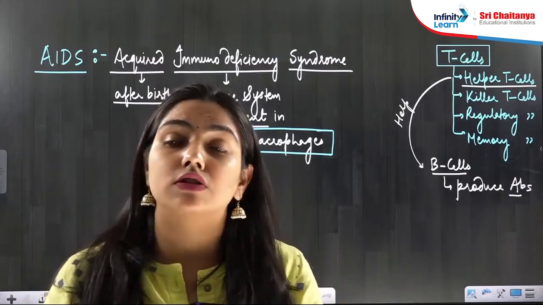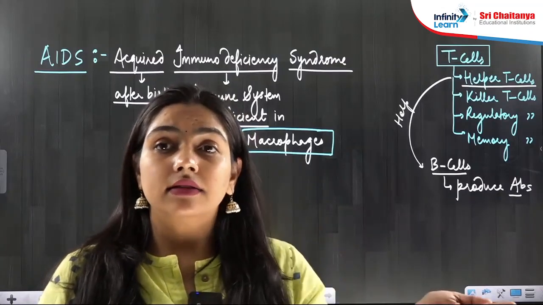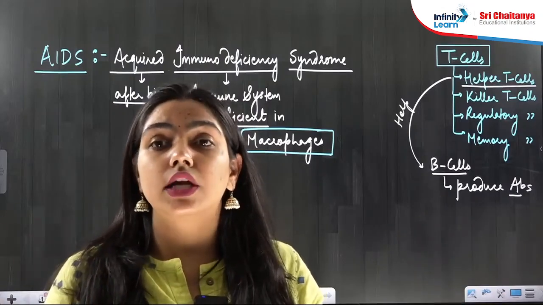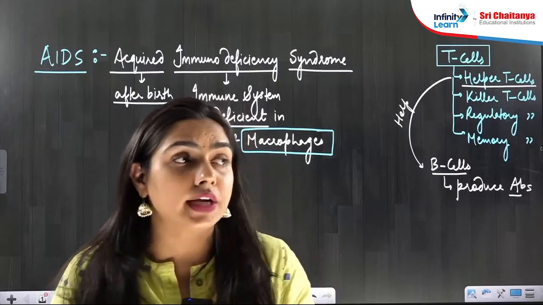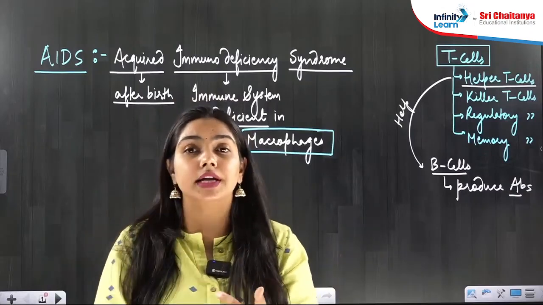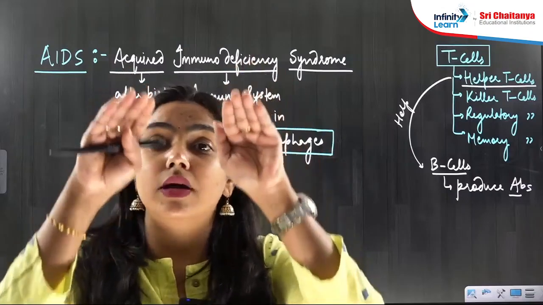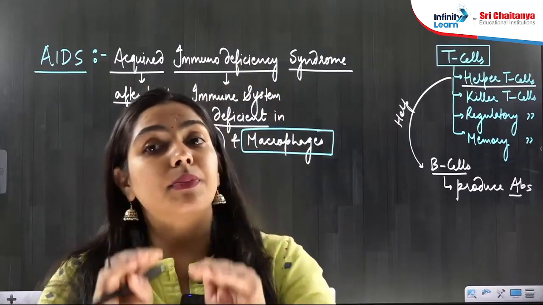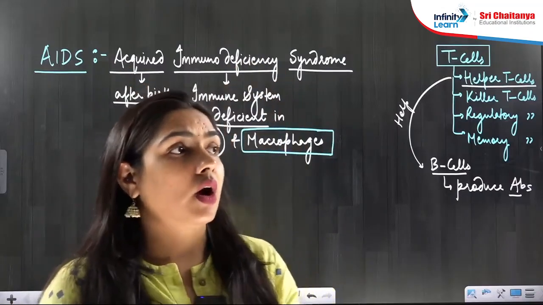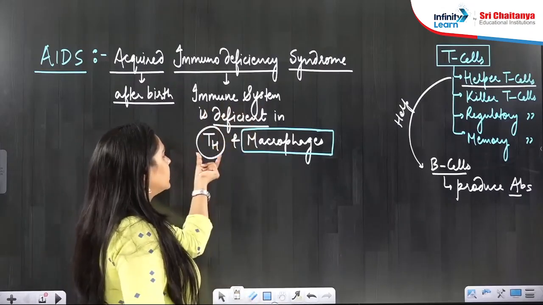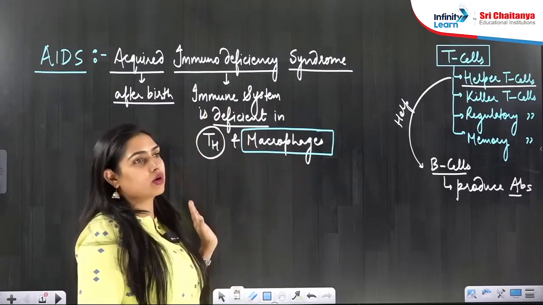So antibodies will also be decreased. And the T lymphocytes provide cellular immunity, cell-mediated immunity. So both the types of immunities, antibody-mediated immunity and cell-mediated immunity, will be compromised and the person will become very weak. Alright. So immune system is deficient in T helper cells and macrophages.